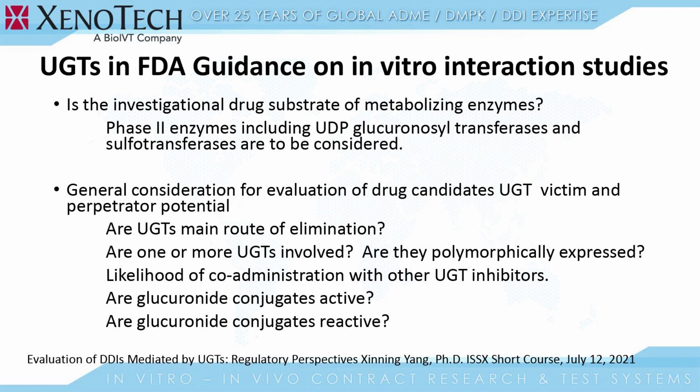Are there any active metabolites that are formed? And lastly, are any of the metabolites that are formed reactive metabolites? Now again, while these questions that the drug developer should aim to answer are put forth with a focus on UGT enzymes, these same principles should be applied to other non-CYP metabolizing enzymes as well.